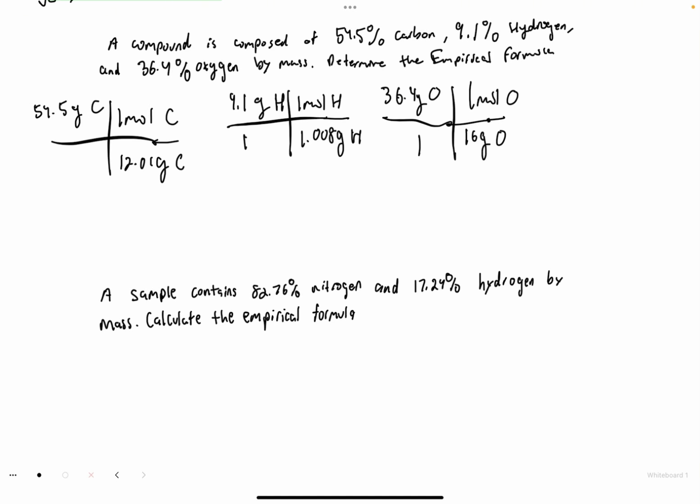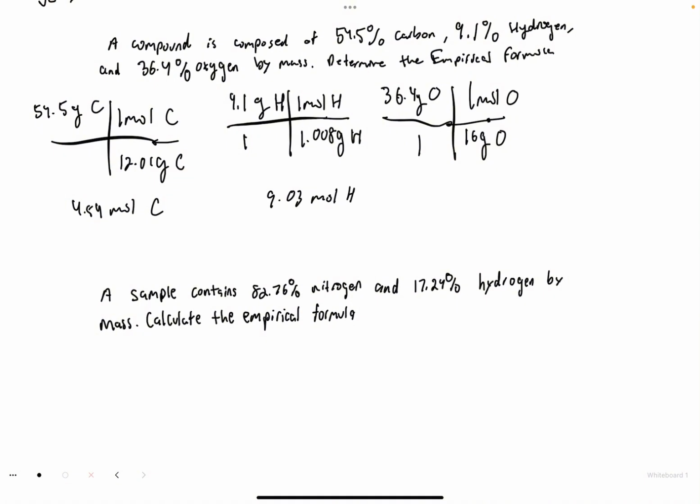So 54.5 divided by 12.01 is going to give me roughly 4.54 moles of carbon. The next one would be 9.1 divided by 1.008, and that would give me roughly 9.03 moles of hydrogen.